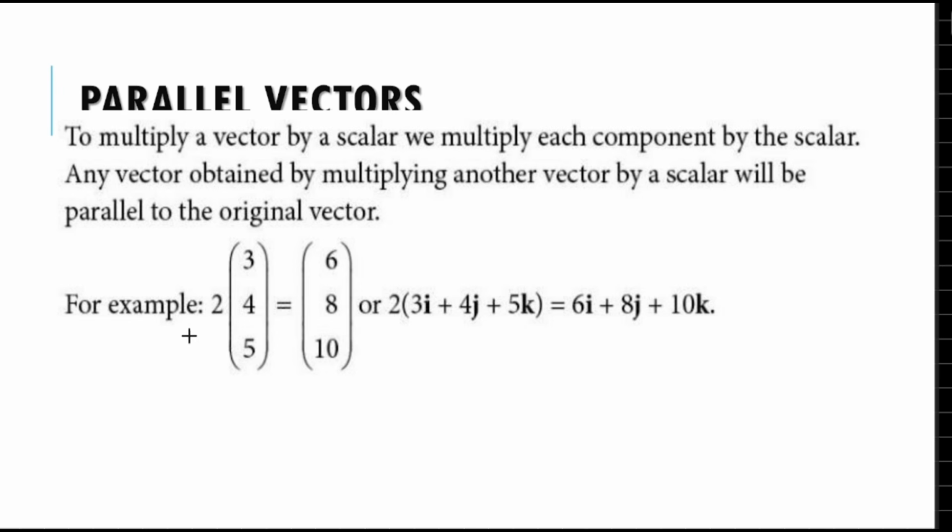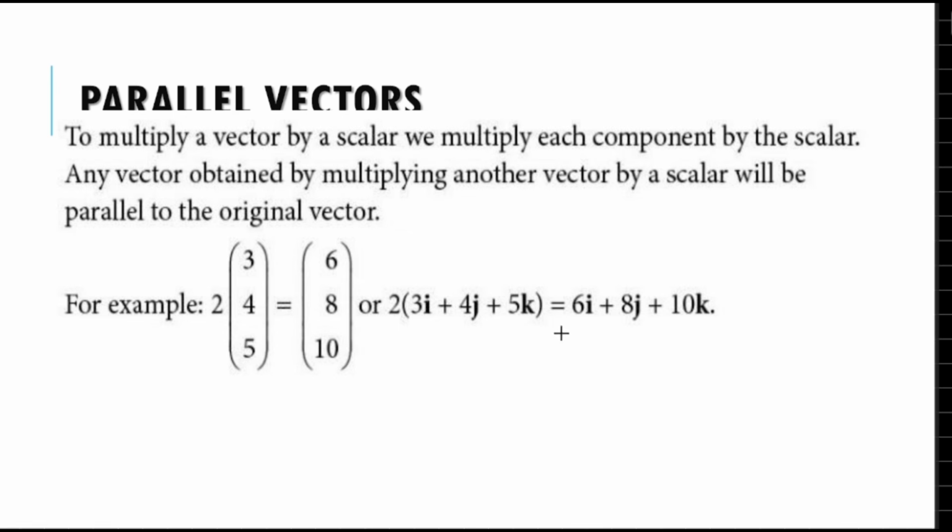Okay, so here we have 2 times (3, 4, 5). (3, 4, 5) is a vector, 2 is a scalar. When we multiply, we have 2 times 3 is 6, 2 times 4 is 8, 2 times 5 is 10. You can also do it in component form: 2(3i plus 4j plus 5k) is 2 times 3i, which is 6i, 2 times 4j, which is 8j, and 2 times 5k, which is 10k.